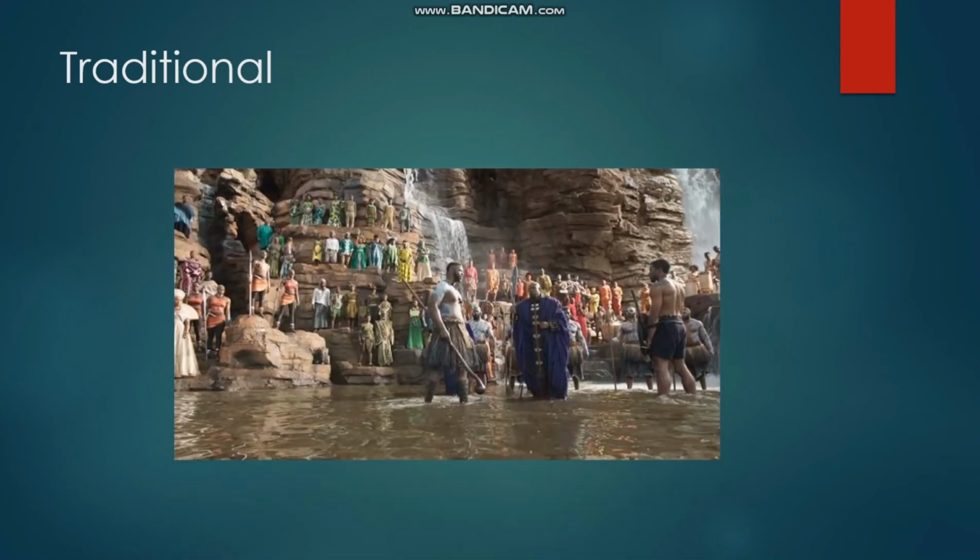So although the movie shows a strong technology country, there are still some traditional parts kept in the movie. We can see the king's selection ceremony, and the person who wins will be able to be king, and that is obviously a trace of African tribal culture.